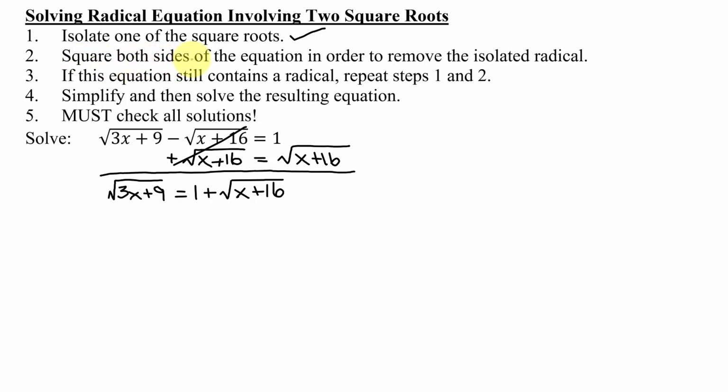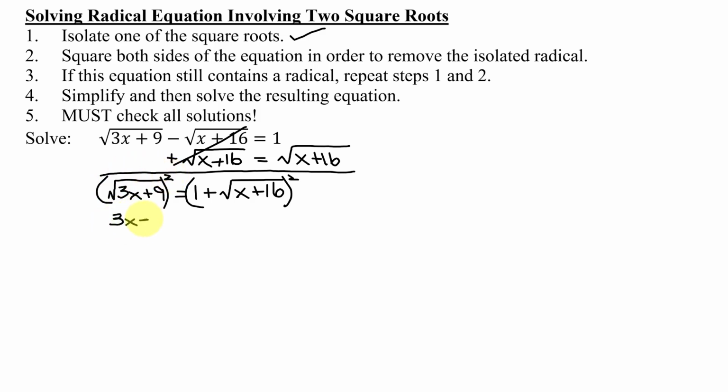Now I need to square both sides of the equation in order to remove the isolated radical. So I'm going to square the left-hand side, and be careful on the right-hand side, you have to square the binomial. You cannot square each of these terms individually. So on the left-hand side, when you square a square root, they're going to undo each other.